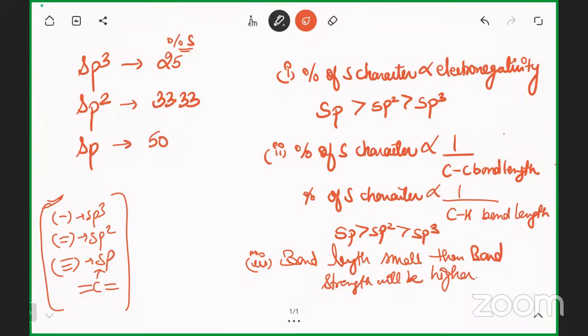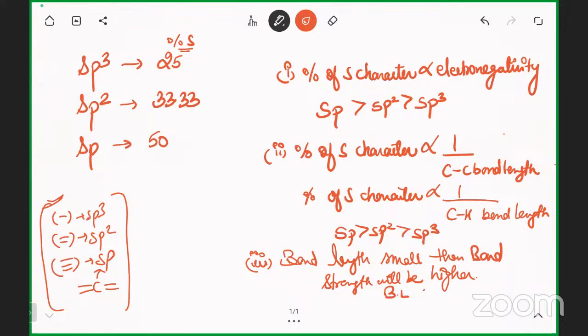Now tell me which one will have higher bond strength. I'm saying bond length will decrease, bond order will increase.